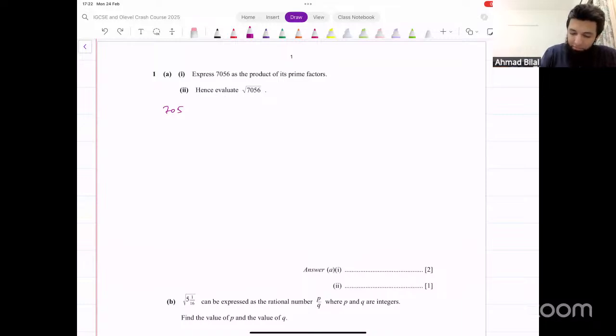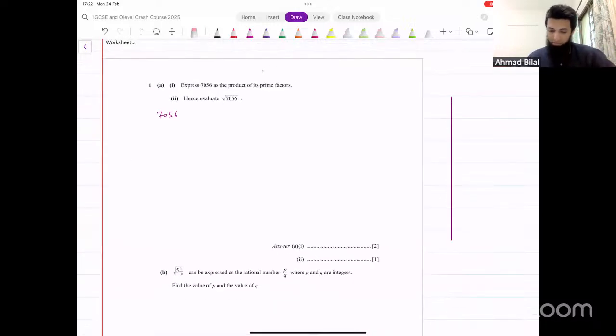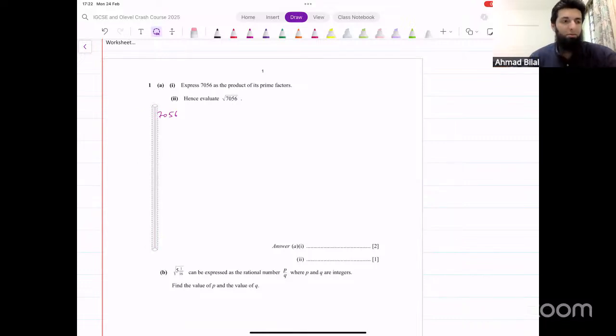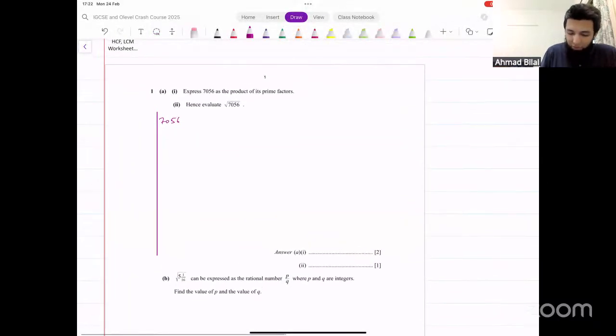7056. What do we divide it by first? We can divide it by 2, and that gives us 3,500.